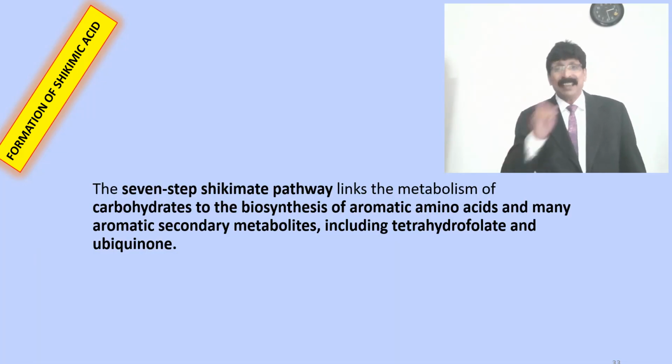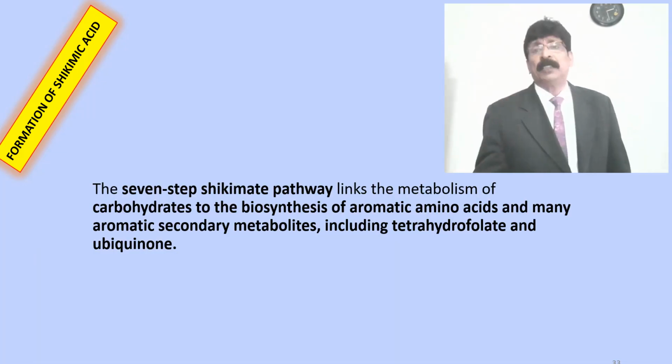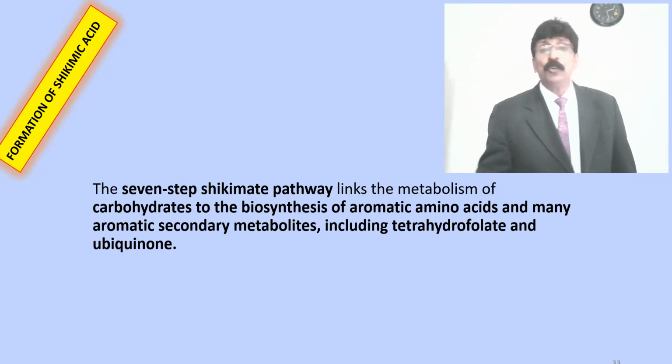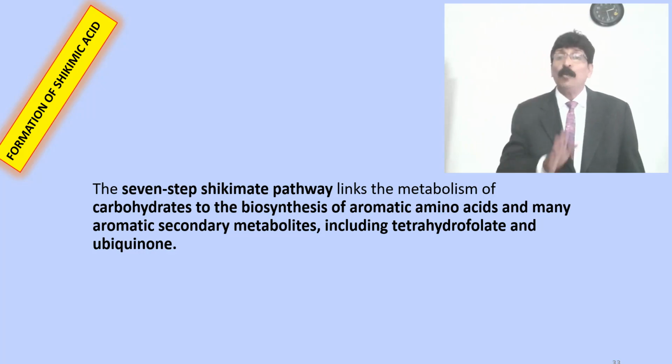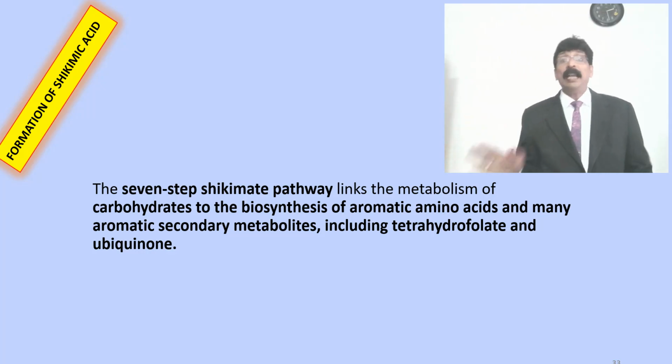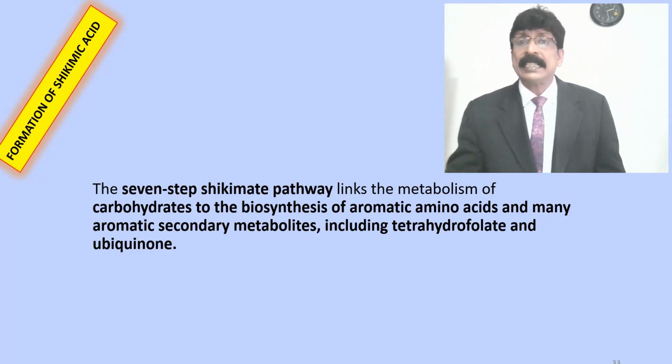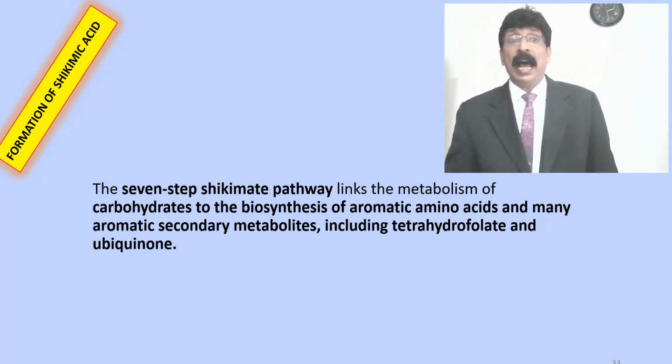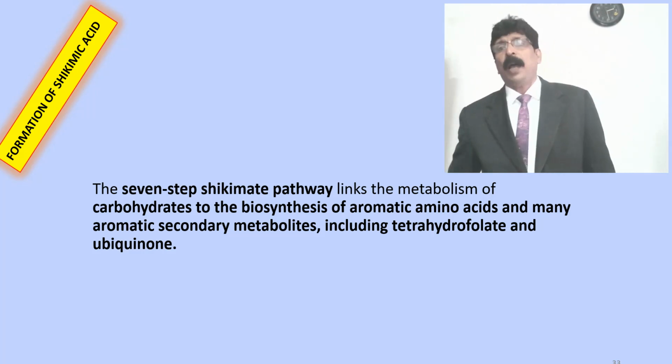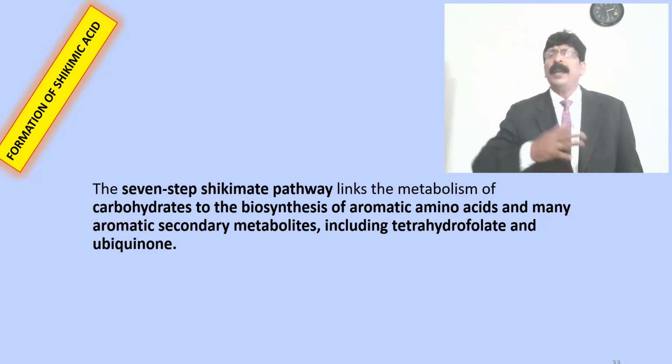The 7th step of this shikimic acid pathway links the metabolism of carbohydrate to the biosynthesis of aromatic amino acids and many aromatic secondary metabolites, including tetrahydrofolate and ubiquinone. So there are many aromatic compounds.